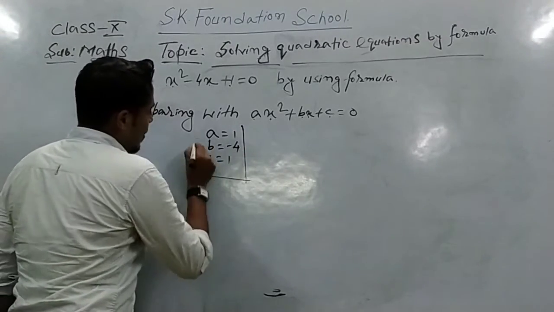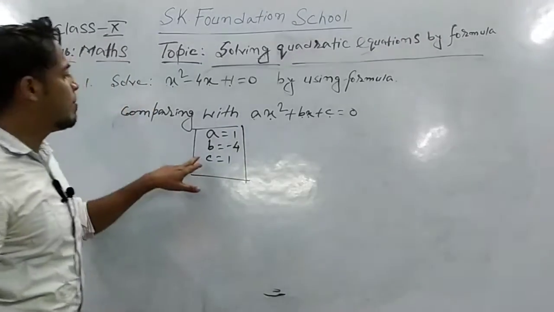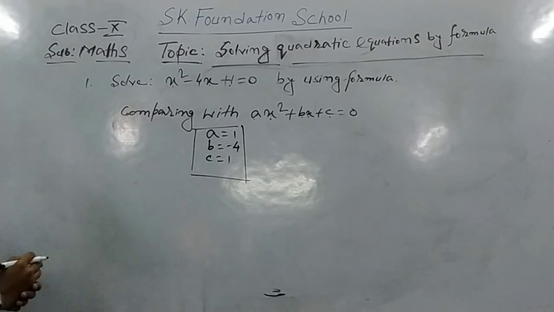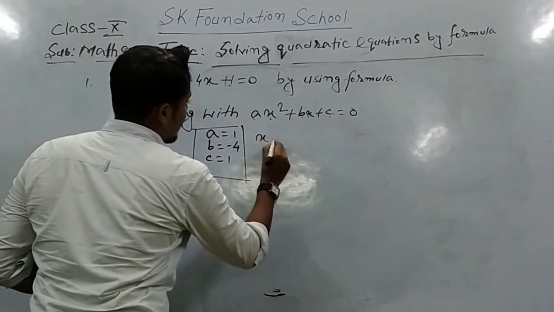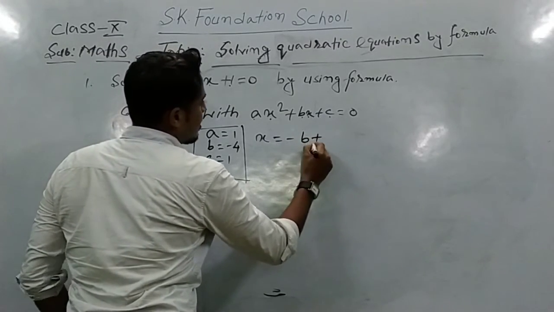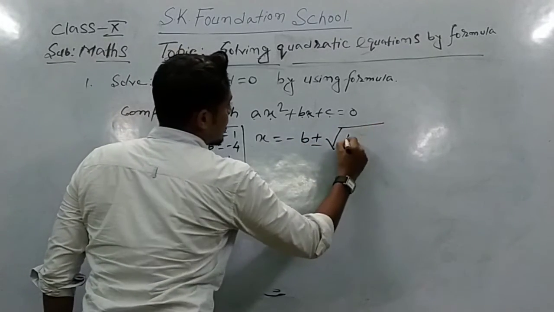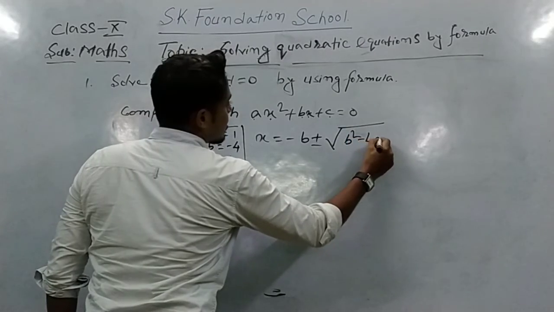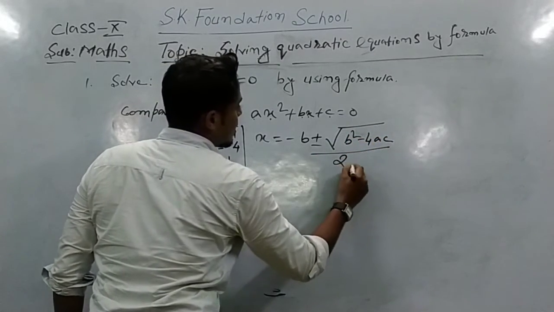Now by using these three values, we are going to find the value of x. The formula is minus b plus minus root over b square minus 4ac by 2a.